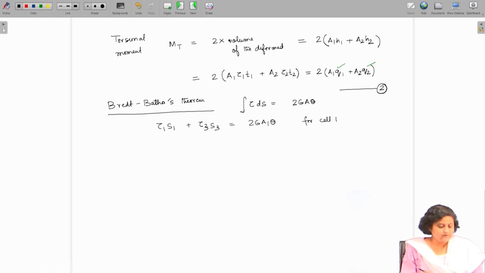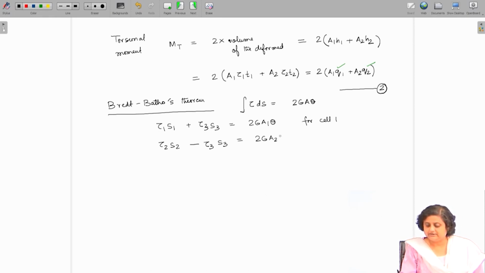Similarly for cell 2, tau 2 S2 minus tau 3 S3 is going to be 2GA2 theta.